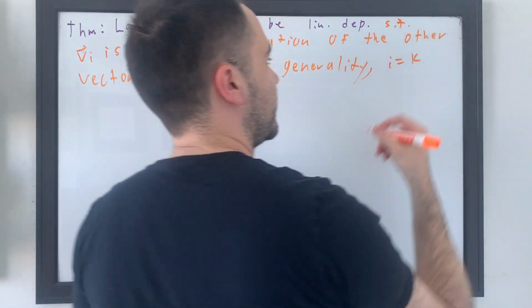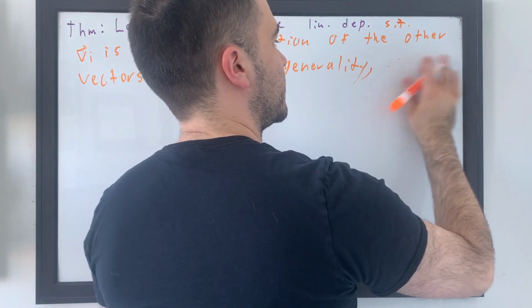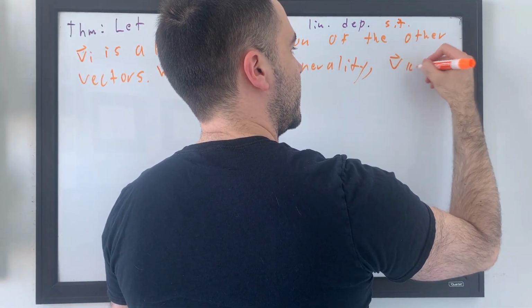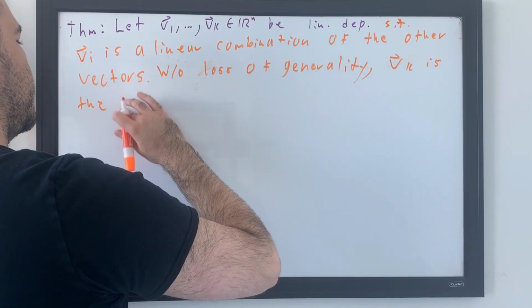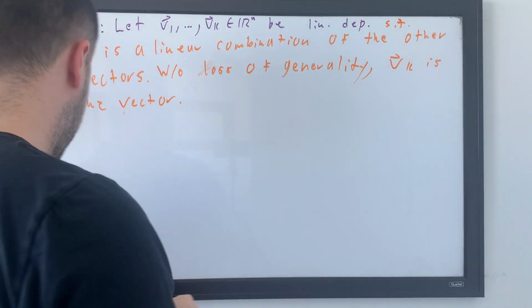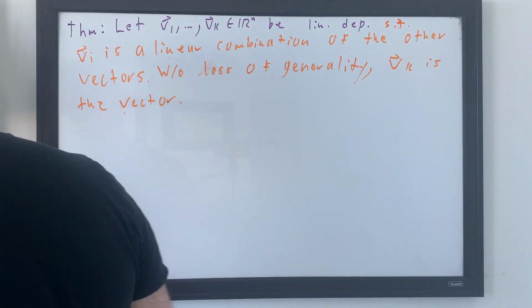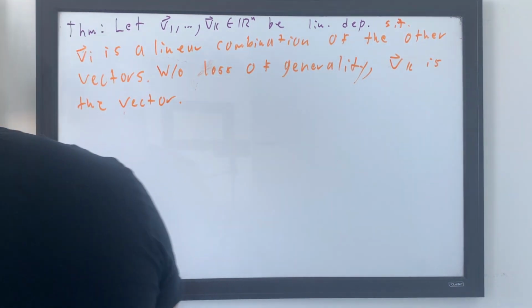So we'll say i is k. Specifically, this vector is it. So we'll say vk is the vector. Okay, now what does this mean for our statement?